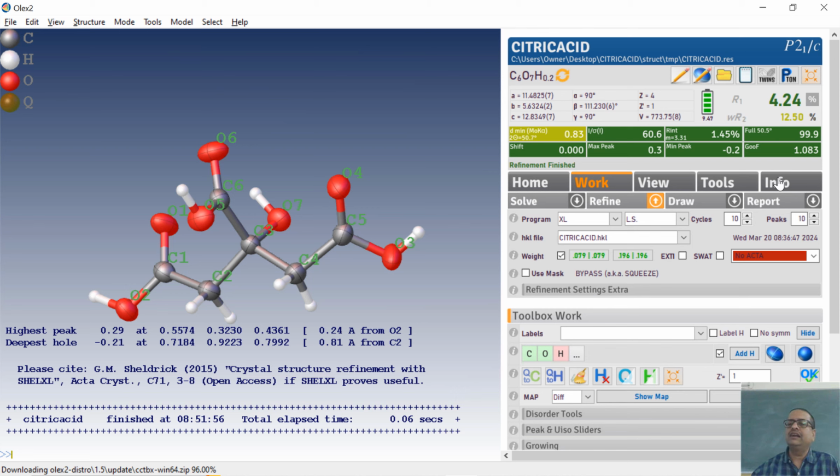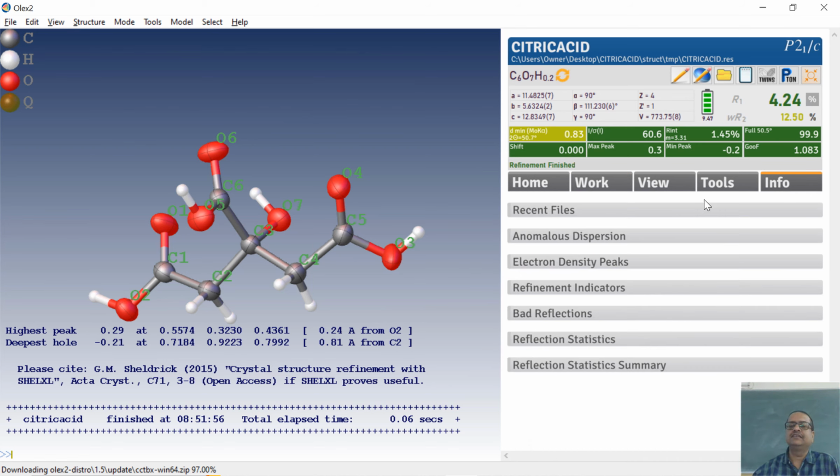And now we go and look at the reflection statistics. This being very good data, the reflection statistics will not give you any great input other than saying that everything is good.